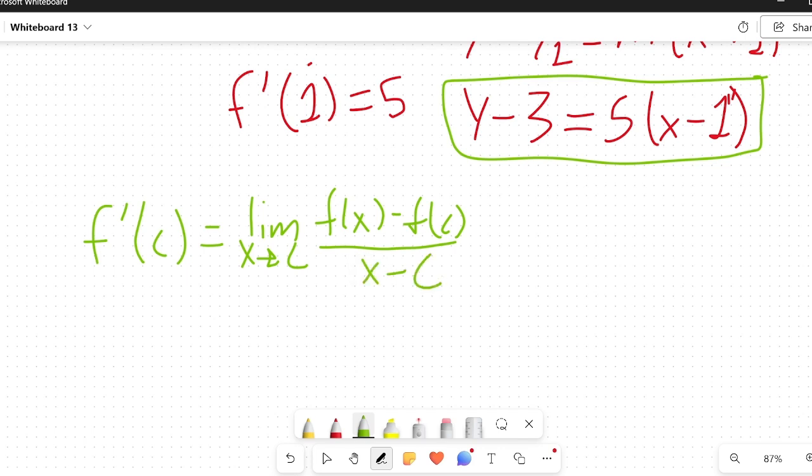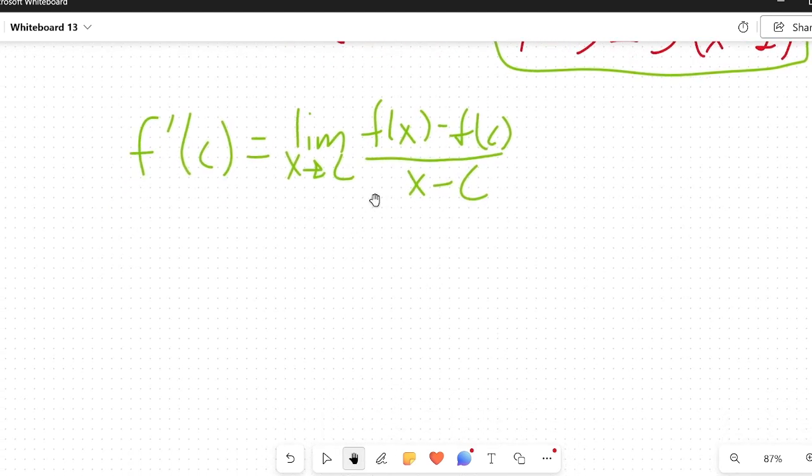Something like so. And you'll recognize this as an alternate form of the derivative because this is just using our slope formula, and we are just bringing the points infinitely close to each other, because as x approaches c, remember a limit is bringing something infinitesimally close to c but not equal to c, right? So we essentially get the instantaneous slope, or the derivative, by doing something like so. So essentially what this means, right?